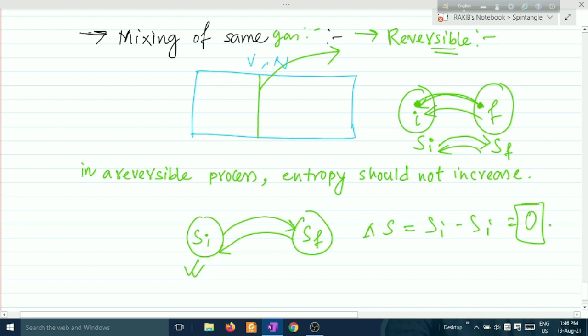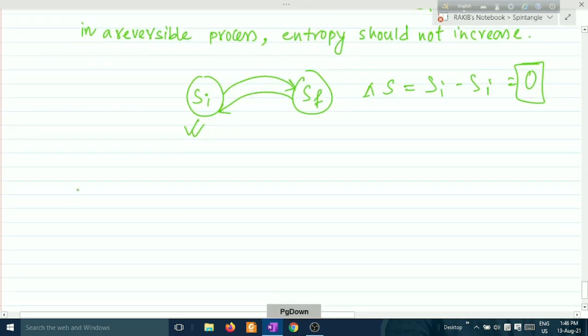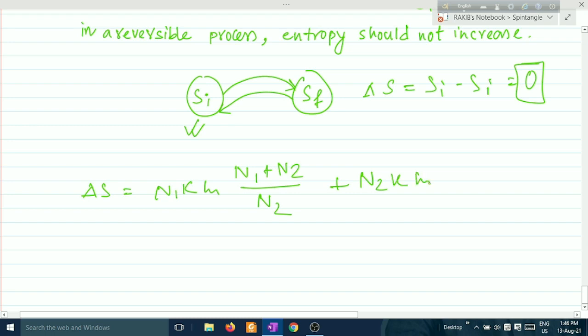Okay, but what we can see from the Gibbs formula is that del S is n1 k ln((n1 plus n2) upon n1) plus n2 k ln((n1 plus n2) upon n2). This is a positive term. This means del S is not equal to 0.